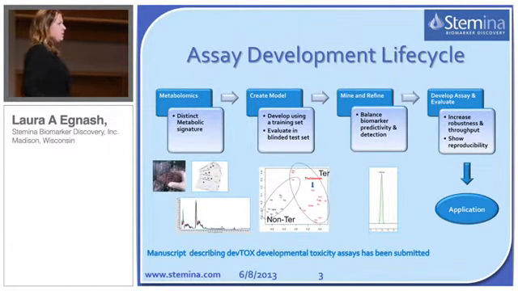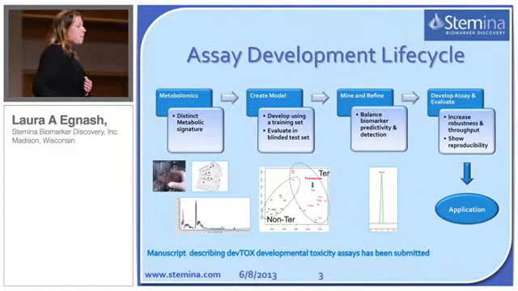This slide shows the assay development life cycle at Stemina, and I'm trying to simplify a very complex process here. We begin with metabolomics and a distinct metabolic signature. Again, we're focusing on small molecules.